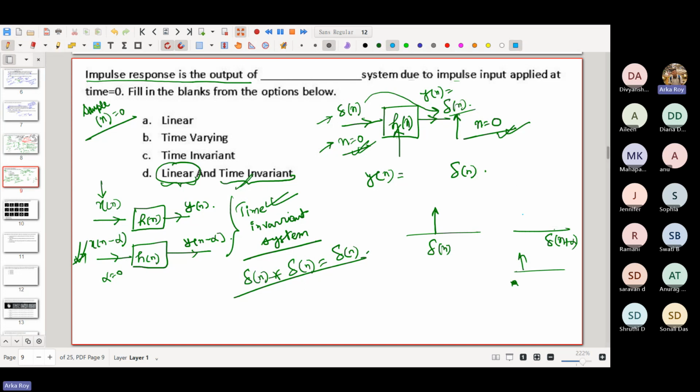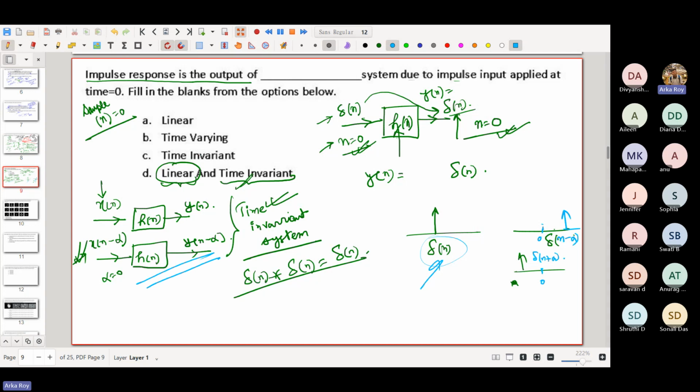If this is the 0 line, delta n minus alpha would come over here, and delta n plus alpha would come over here. So you can see that your output is now shifted. Whereas your input was starting from n equals 0, now your output is shifted by something. So it is not obeying this particular relation which a time invariant system has.